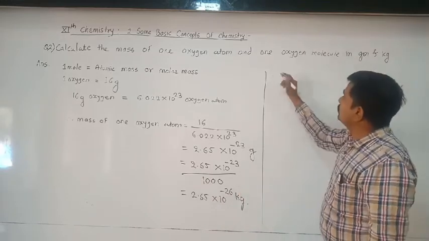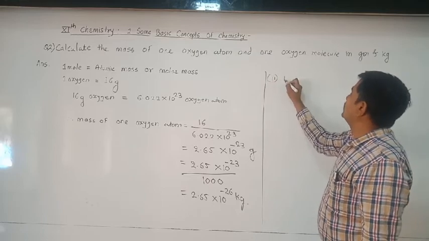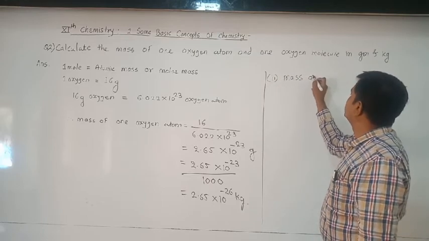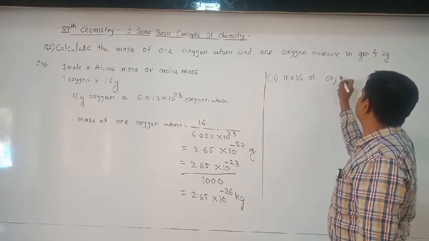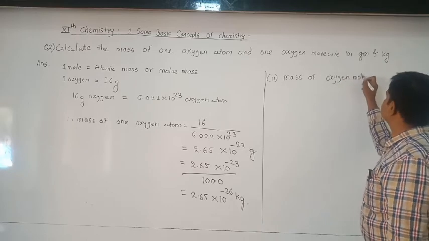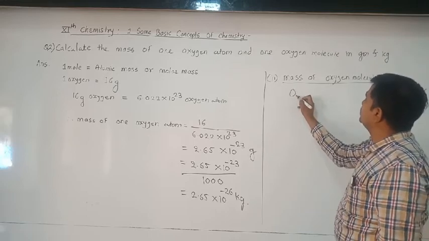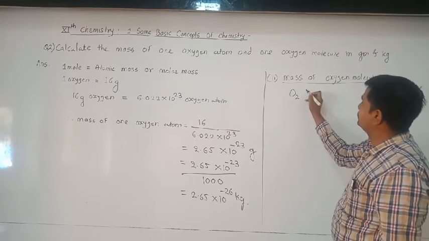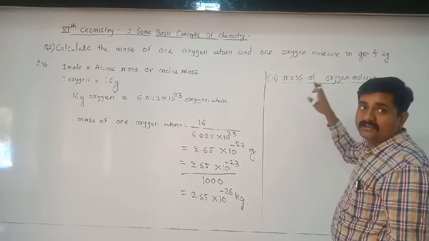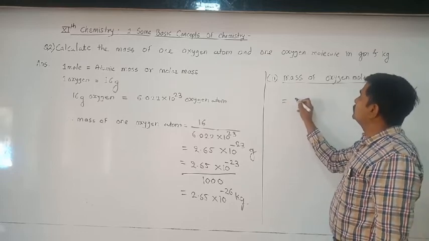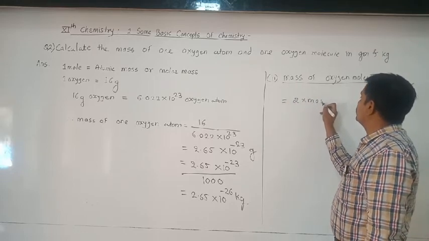Now what is my second target, to find out mass of oxygen molecule. Now one oxygen molecule contains two oxygen atoms. One oxygen molecule contains two oxygen atoms. So 2 into mass of one oxygen atom.